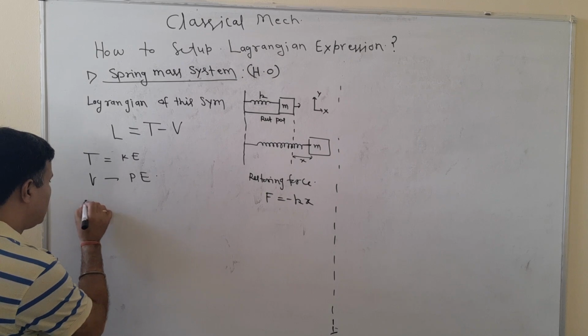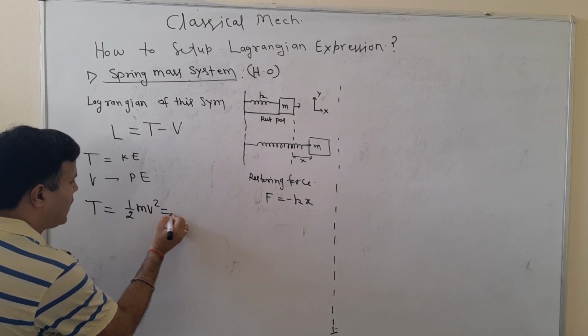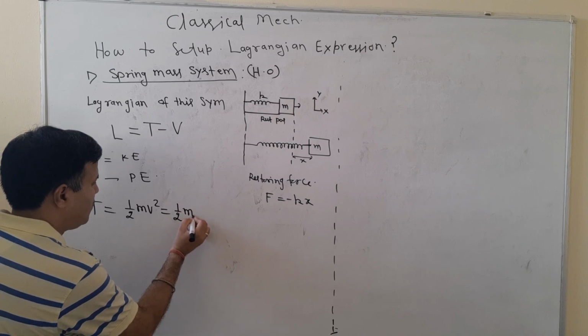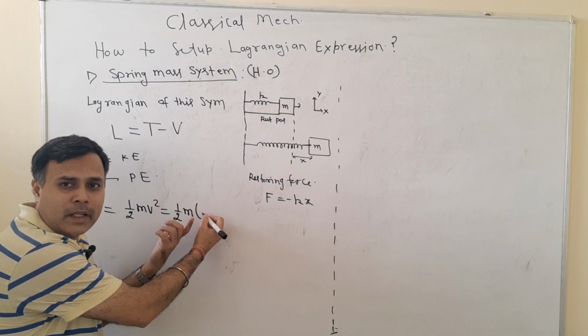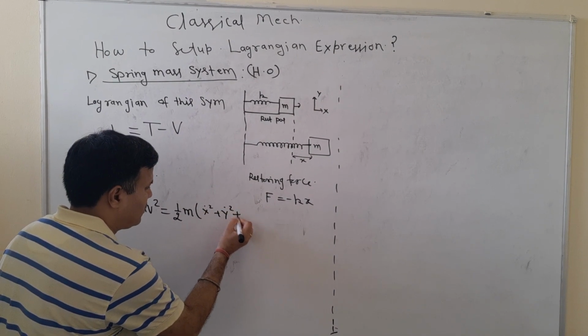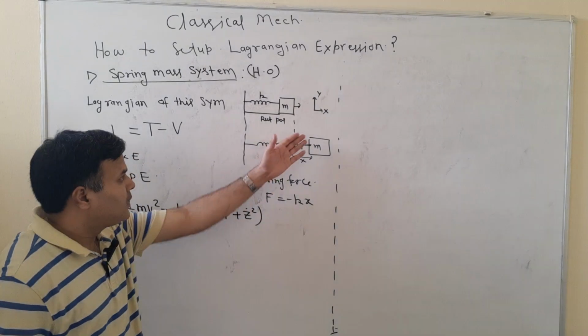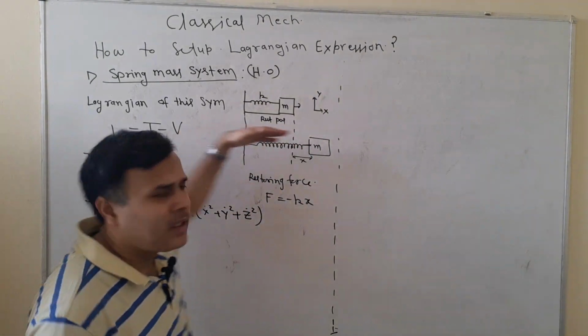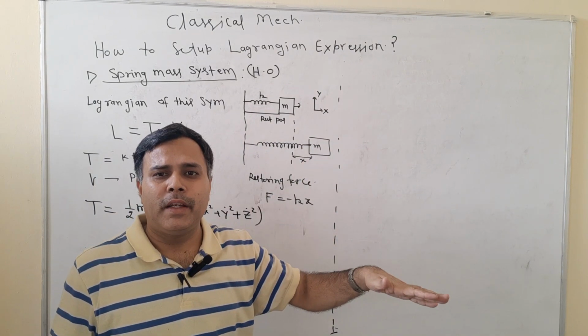So what is T? T is 1 upon 2 mv square, or 1 by 2 m times, in Cartesian coordinates, x dot square plus y dot square plus z dot square. And what is our stretching? Since our spring is moving only along the x direction, there is no component of y and z.